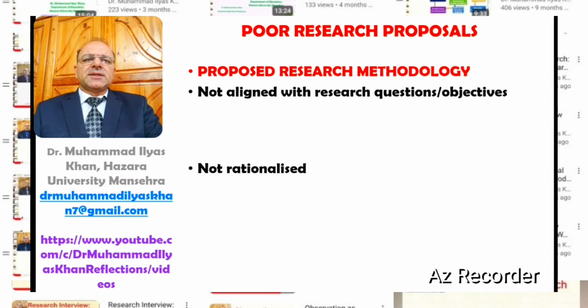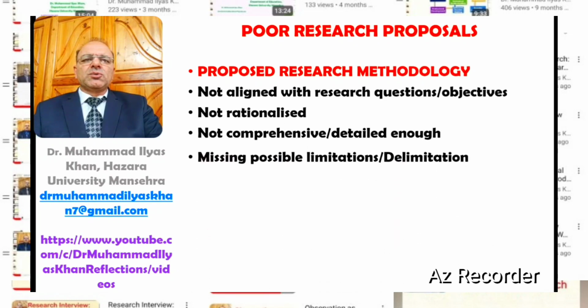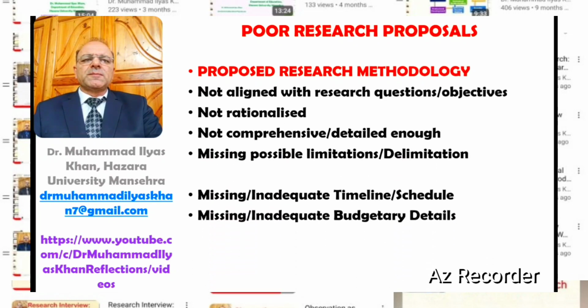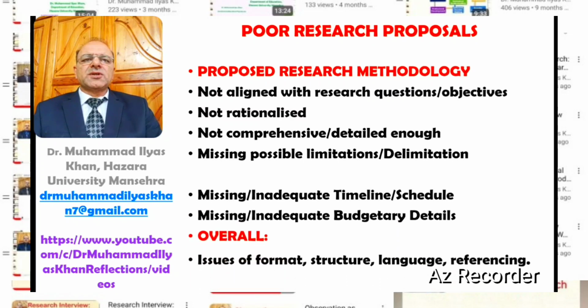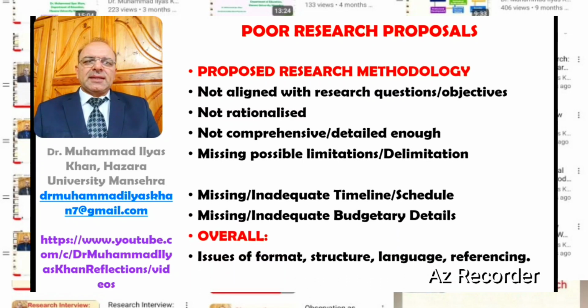Then lastly, the research methodology. So if there are problems with the proposed research methodology, again, that will lead to the conclusion that the research proposal has weakness, and in many cases such research proposals might either be rejected or might be returned for major revisions.